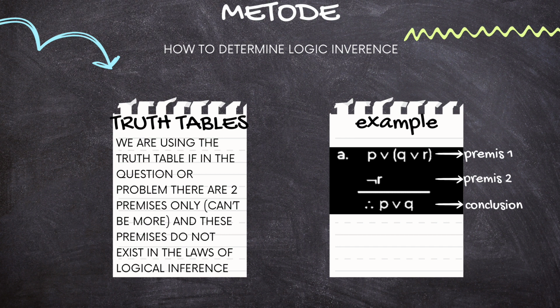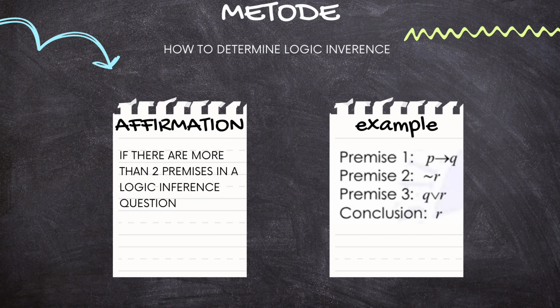We use the truth table if in the problem there are two premises only, can be more, and these premises do not exist in the laws of logical inference, as we can see in the example on the right. And then the second is we use the affirmation method if there are more than two premises in a logical inference problem, like in the example on the right.